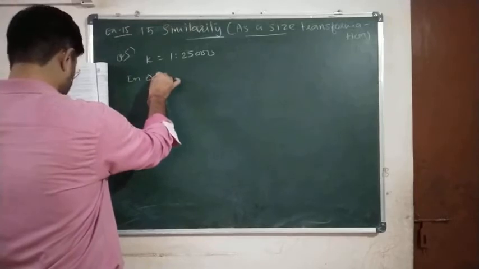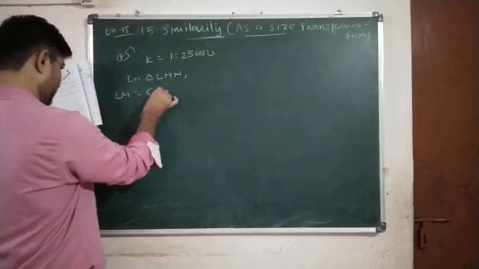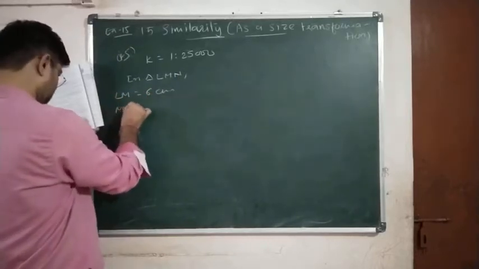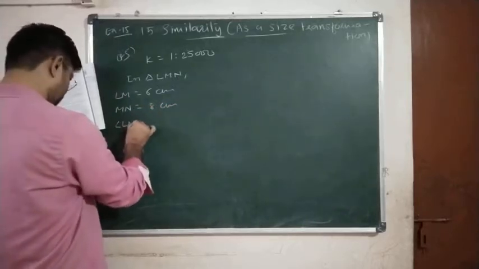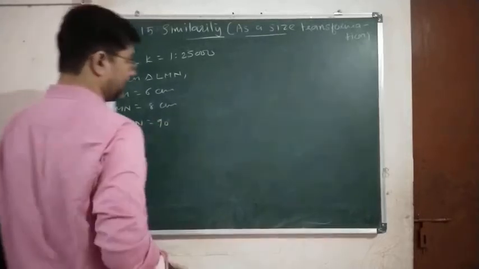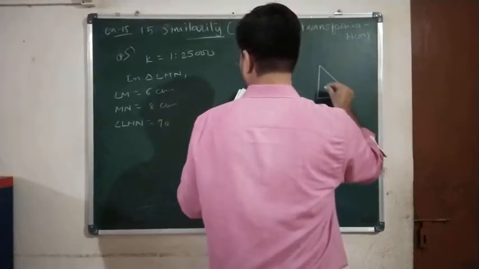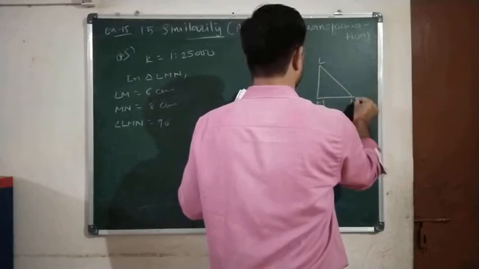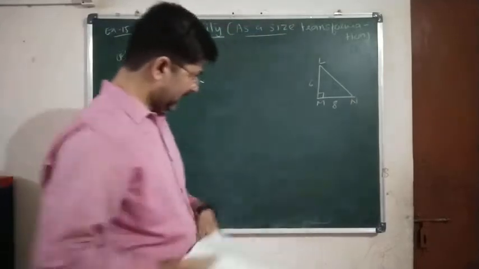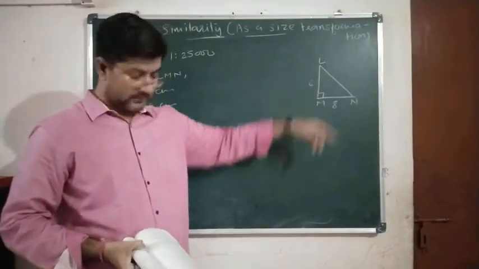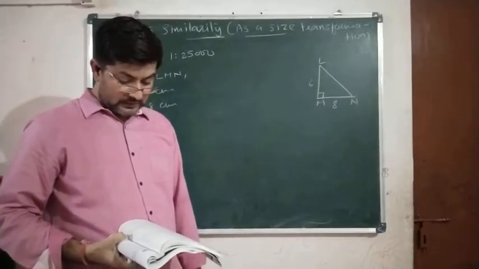In triangle LMN, LM is given to be 6 centimeter, MN is 8 centimeter, and angle LMN is 90 degree. It means the triangle is a right angle triangle where angle M is 90 degree. So using the Pythagoras theorem you can calculate the hypotenuse length LN, as well as the area of the triangle, yes or no.